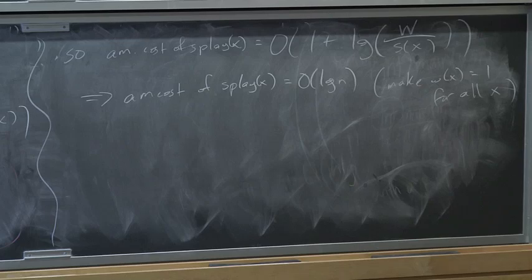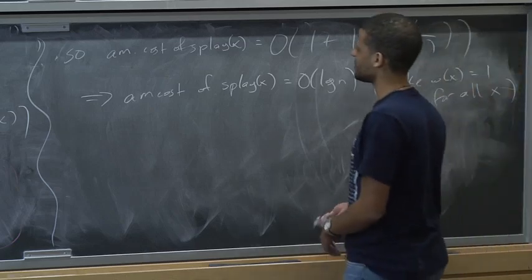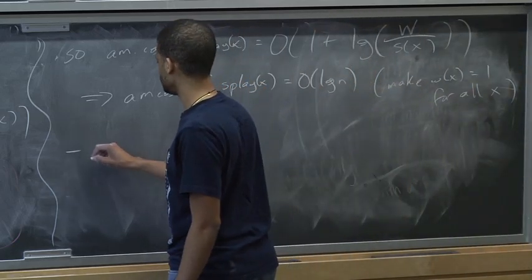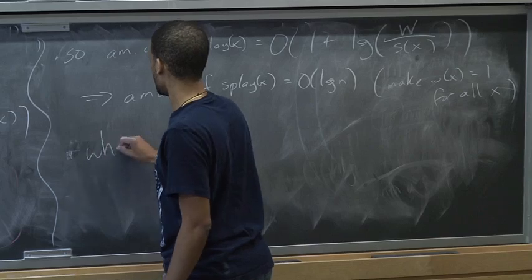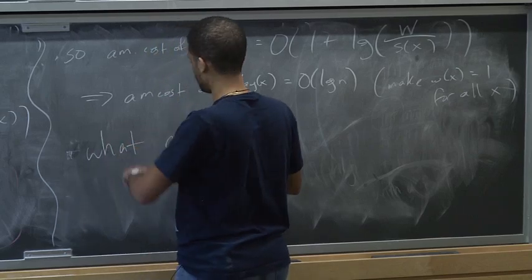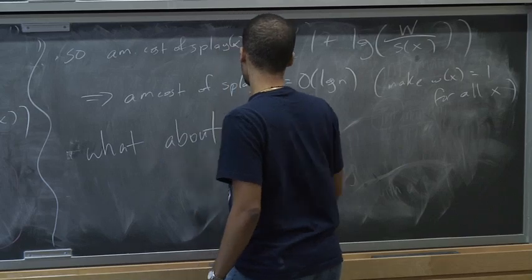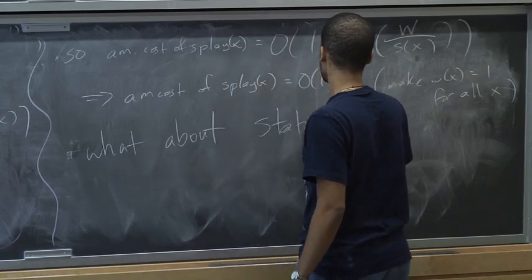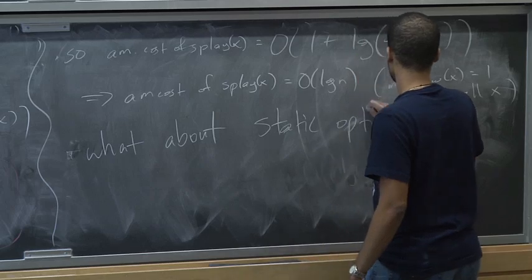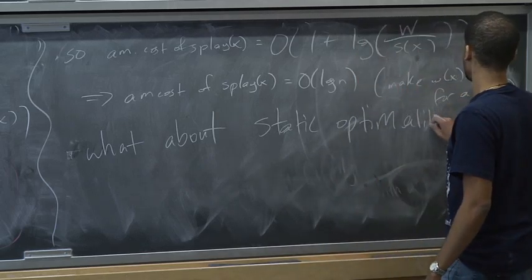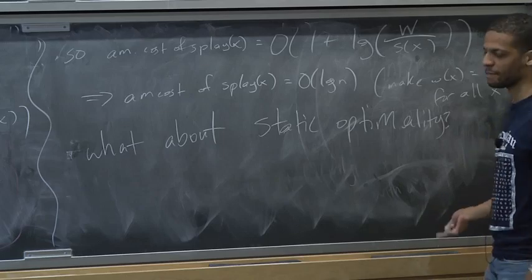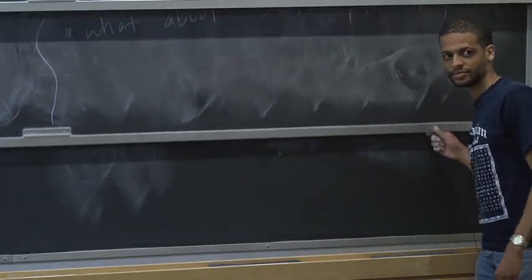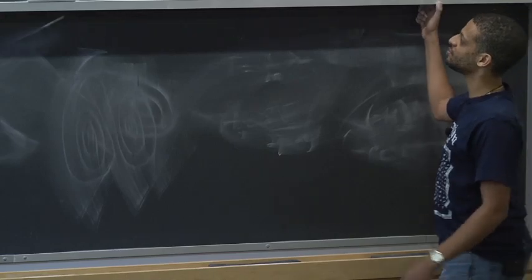But what if you want to prove these other amazing properties of Splay trees? So I'll just do one before the end of class. What about static optimality? How would you define the weights there?